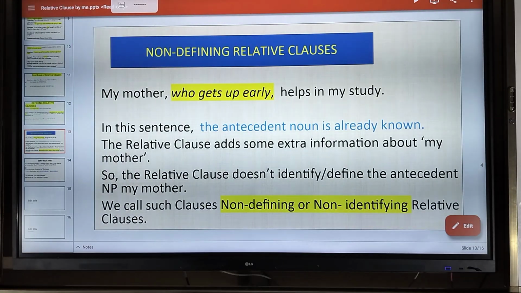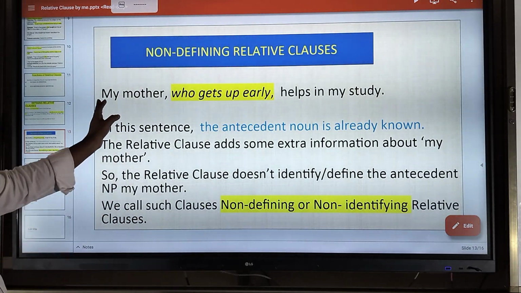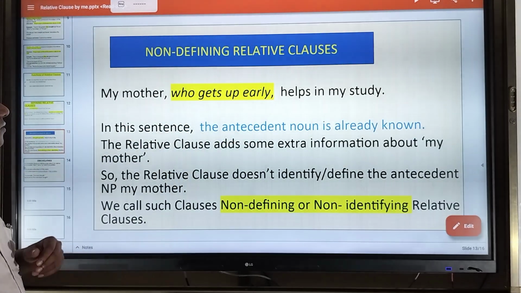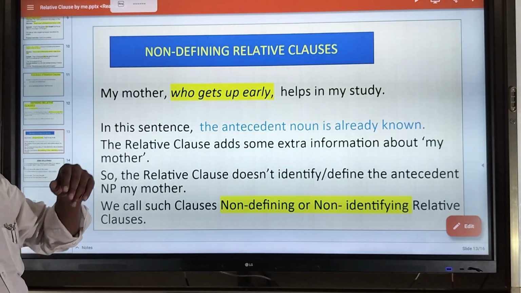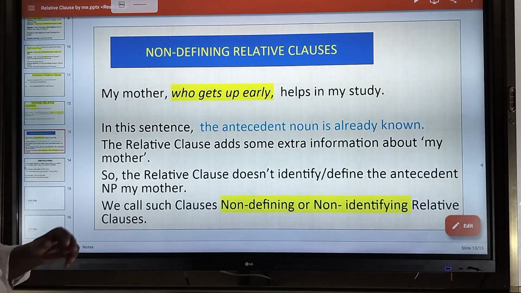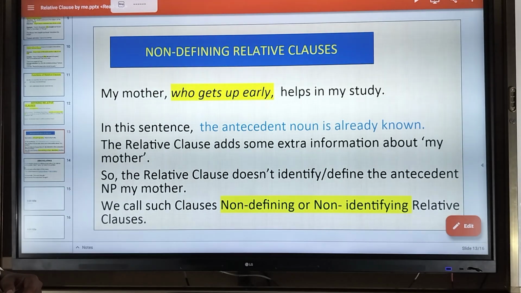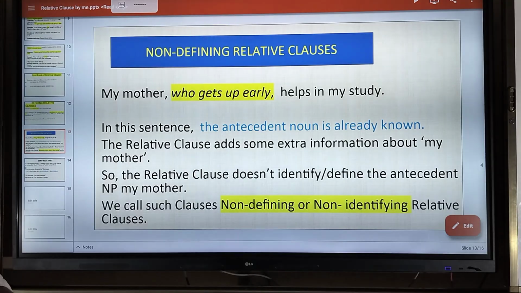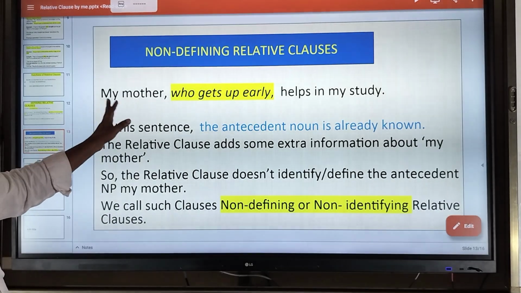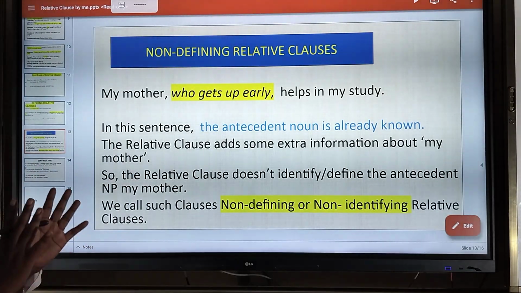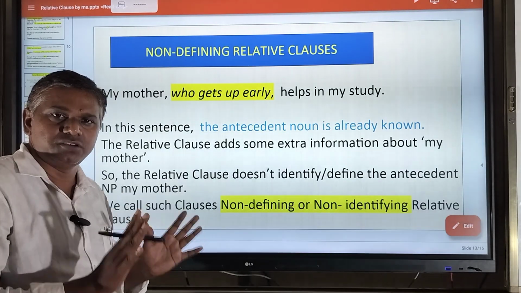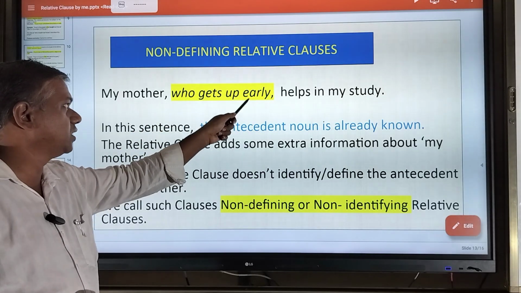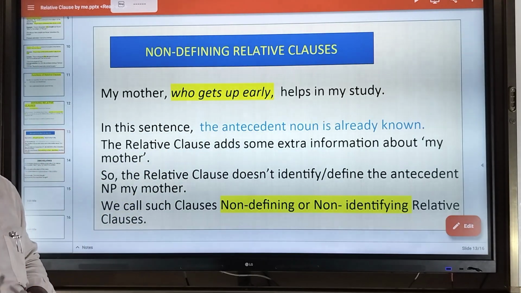Non-defining relative clause or non-identifying relative clause. My mother who gets up early helps in my study. My mother helps me in my studies. I know very well about my mother, so there is no need of writing anything about her like this: who gets up early, who goes to bed early.